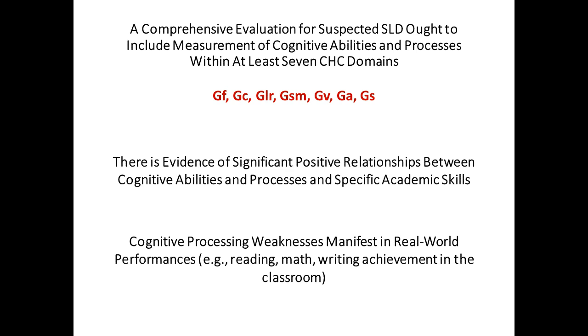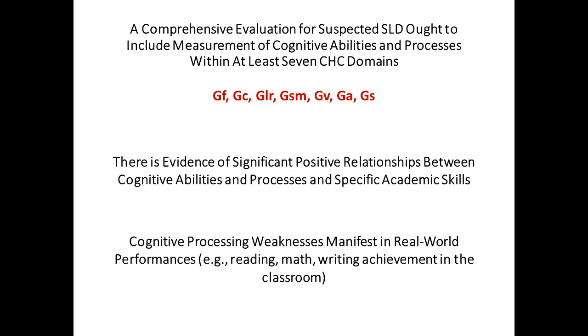The reason for that is that there is evidence of significant positive relationships between these cognitive abilities and processes and specific academic skills. And most of these broad cognitive abilities contain or are made up of narrow abilities that have differential relationships with reading, math, and written language skills.